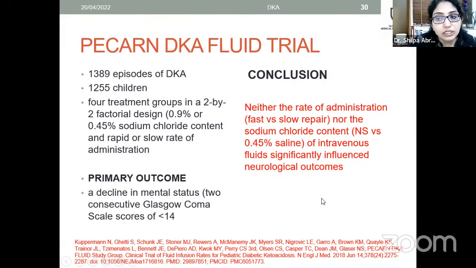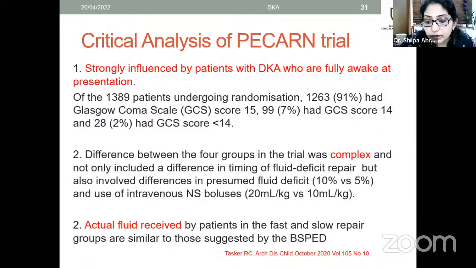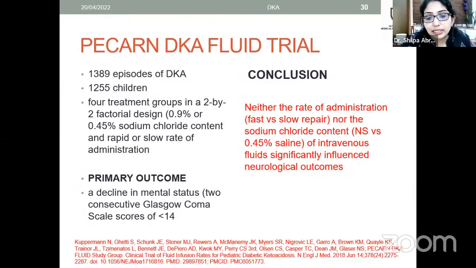So can we just blindly believe this trial and say, okay, in any DKA, you give anything at any rate, is it okay? This particular article from Archives of Disease in Childhood is an excellent article which analyzes this trial. One important thing about this trial is that they have not included children with a GCS below 11.